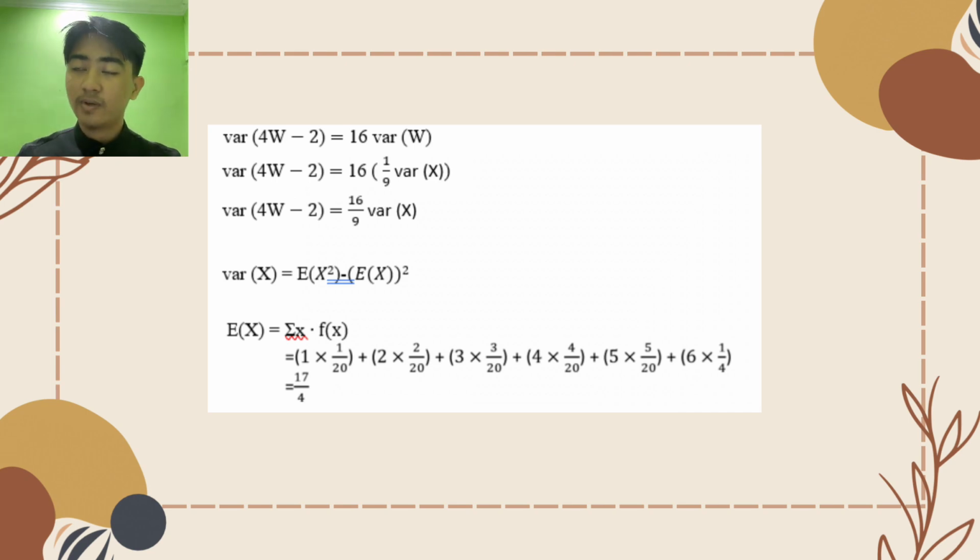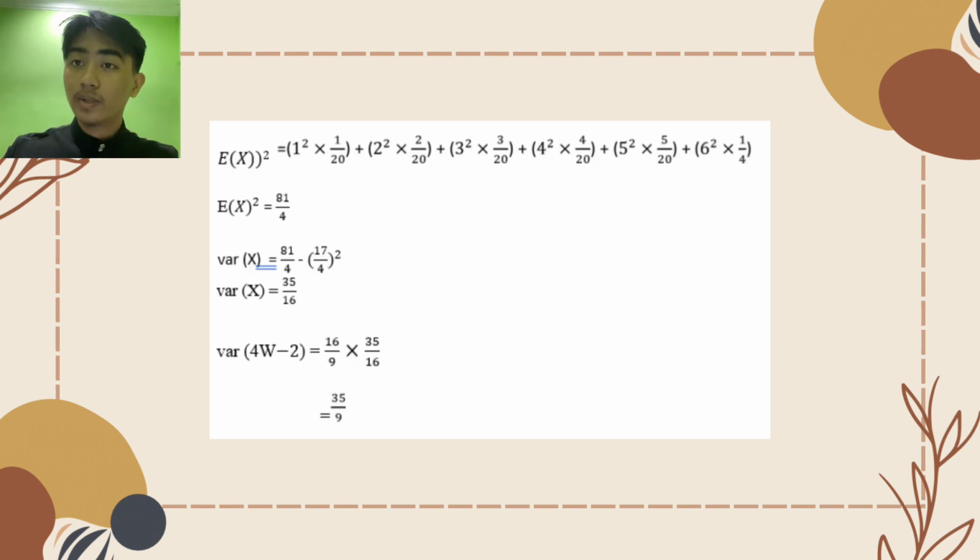Following the table, we have 17 over 4, and then we need to find the sum of x squared. Following the table, we get 81 over 4. After we finish, we put them into the formula: the variance of X equals 81 over 4 minus (17 over 4) squared, and then we get 35 over 16.